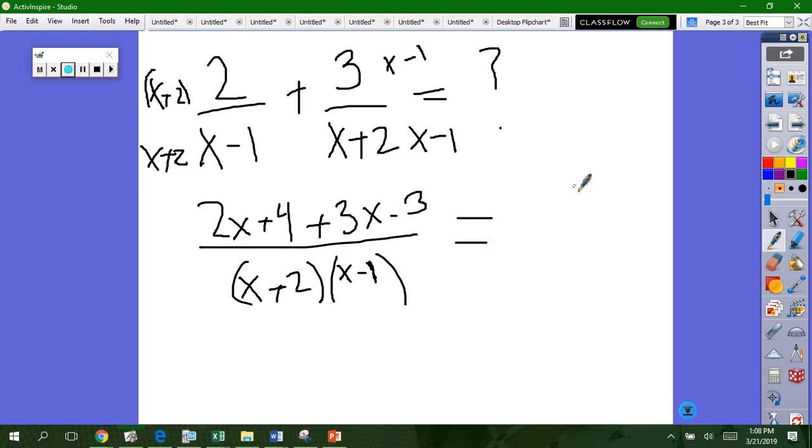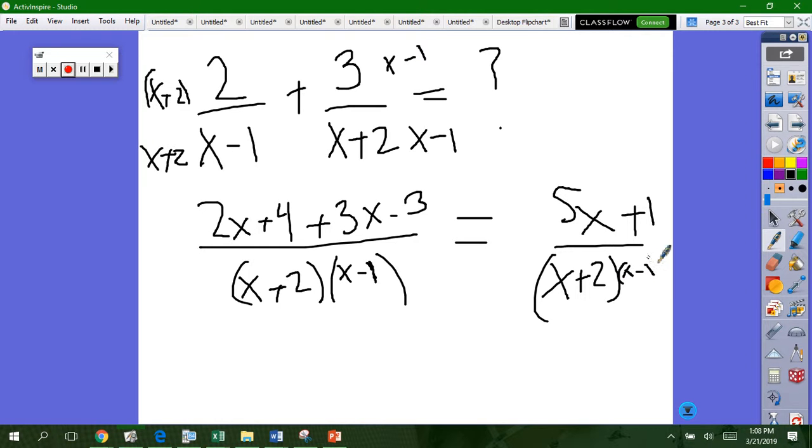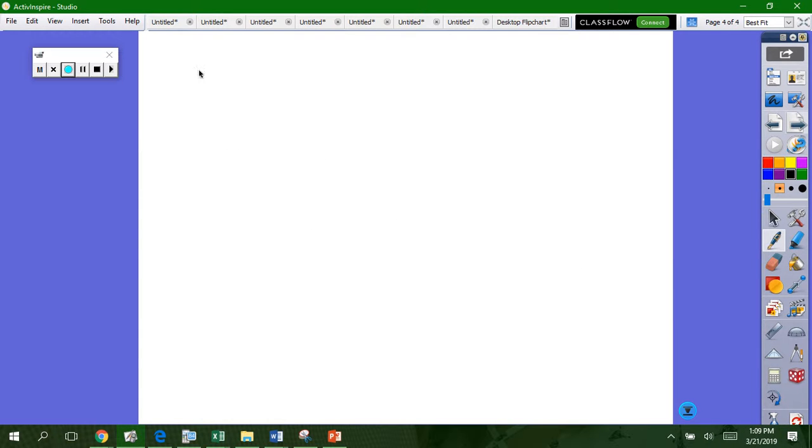Which is 5x plus 1 over (x plus 2)(x minus 1). Okay? You guys all agree with that? That's not our lesson, though. Our lesson says this. I'm going to take this 5x plus 1 over, what were those two things? x minus 1 and x plus 2.